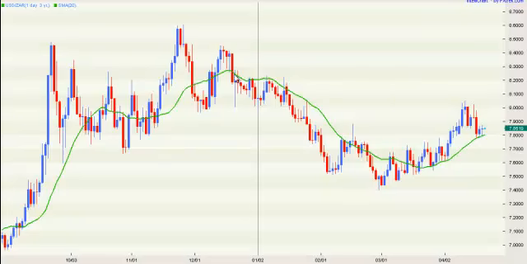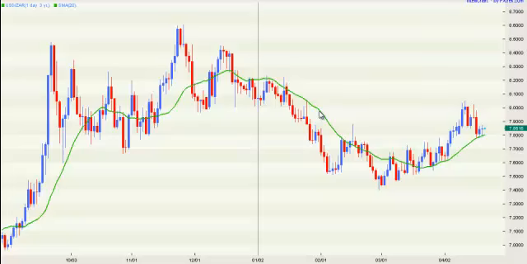Then at this point, when the price closed below the moving average, the moving average started to act as resistance. Notice that there were a lot of times that the price tried to move above the moving average, but it was not able to because there was a lot of selling pressure. So in this downtrend, the moving average was acting as resistance.